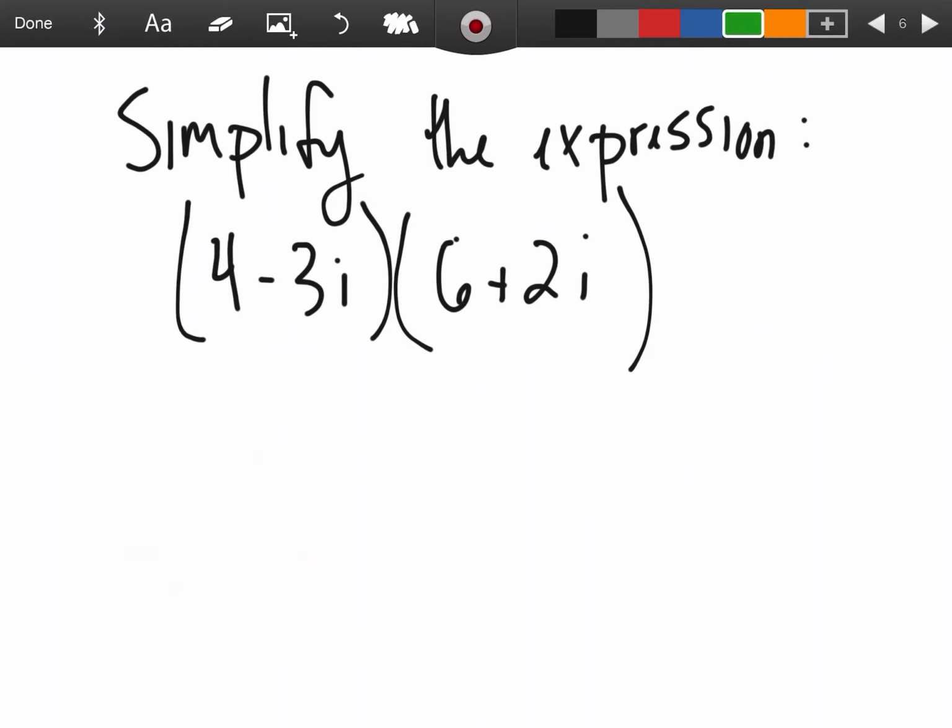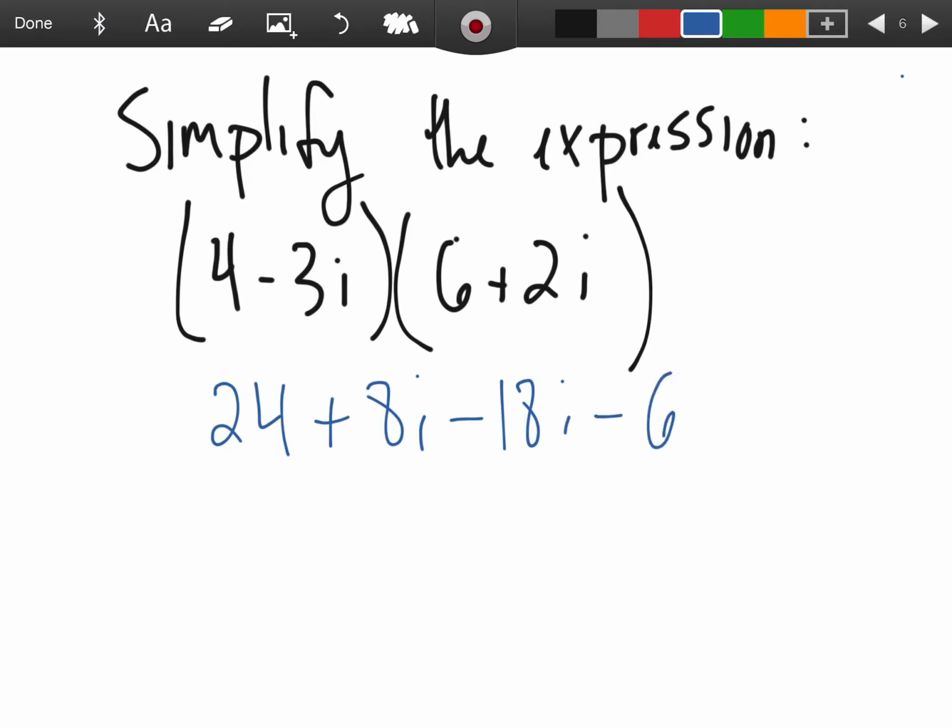Let's just do one more example where we're multiplying two complex numbers together. For these ones, we can obviously see that they are not complex conjugates. So we're not going to have a real number as an answer, but that's okay. We can just write our answer in standard form of another complex number. So we have 24 plus 8i minus 18i minus 6i squared. Well, minus 6i squared, that's negative 6 times a negative 1, so that's just plus 6.